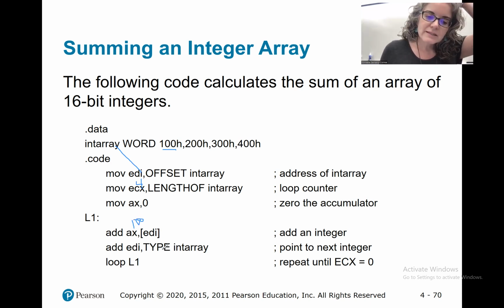Then we say type int array. Type gives you the number of bytes of int array. So type is 2. Boom. You add 2 bytes to EDI. So now what that does is it moves the pointer to here. So now EDI points to this address because you've added 2 bytes to the address.